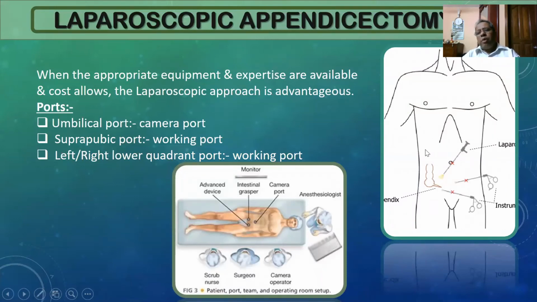Those 3 ports can do the appendicectomy. So the positions of the ports are not mandatory or fixed. Usually it is the right or left iliac fossa and the supraumbilical and suprapubic region. But your answer is 3 ports are required. It is sufficient: one umbilicus, and other 2, one suprapubic, and another either right or left iliac fossa.